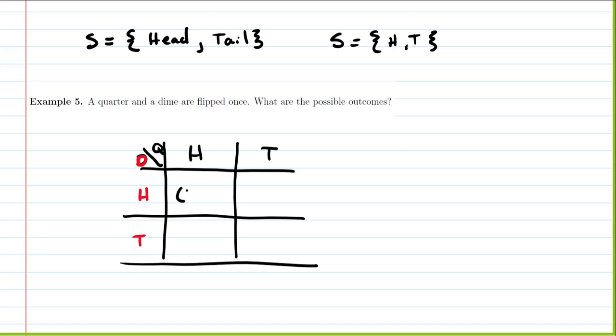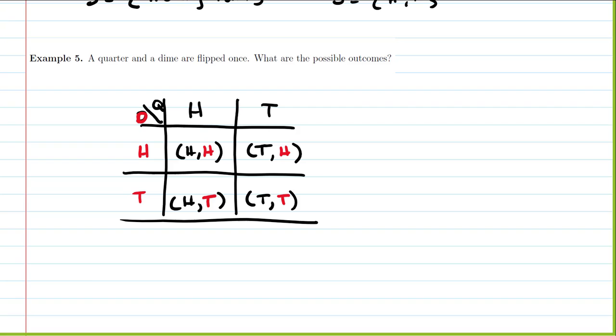So then up here, my first possibility would be a head on the quarter and a head on the dime. My second possibility would be a tail on the quarter and a head on the dime. My third possibility would occur here, which is a head on the quarter and a tail on the dime. And lastly, I could have a tail on the quarter and a tail on the dime.